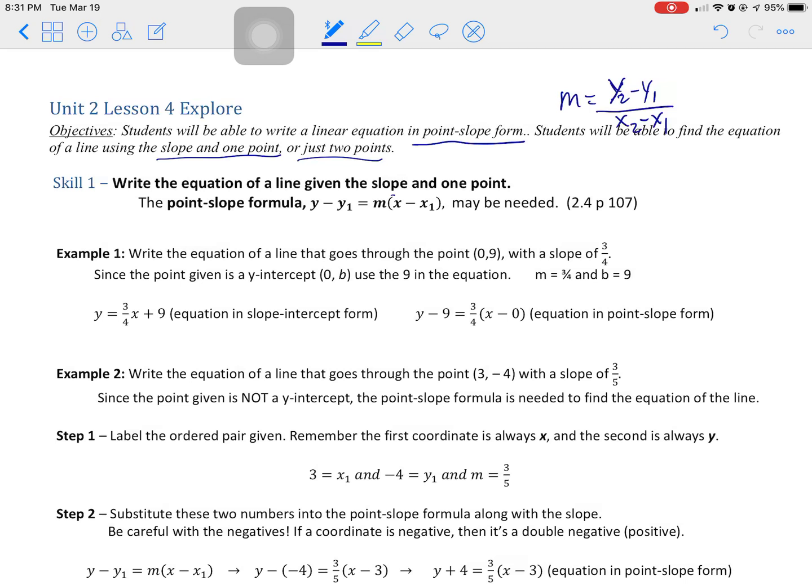If you were told to get this alone on one side, you would multiply both sides by x2 minus x1, and that would put that over here, right? That makes that go away on that side. That's all I did to get this over here, only the 2's aren't there anymore, okay?